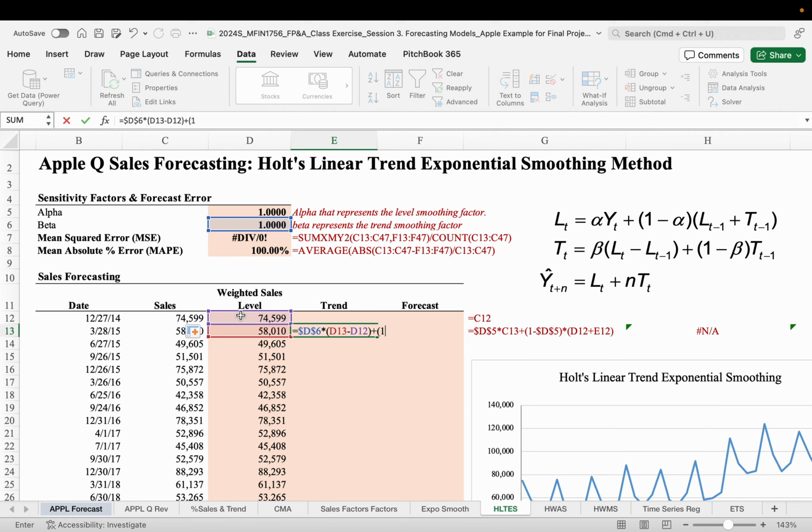Now, how to calculate the trend, right? We use the formula for T. When you calculate the trend, T and T minus 1, let's start it from the second quarter. Equal to beta, D6, we want to fix this beta, times, open the parenthesis, the level of the current period minus D12, the prior quarter, and then plus the factor again. This beta is the trend smoothing factor. But if it is not explained by this beta, 1 minus beta, we want to fix. Then let's close the parenthesis, times T at t minus 1. We cannot calculate this trend in the first quarter because we need the previous weighted sales level, but we don't have it. That's why we have to start the trend calculation from the second quarter.